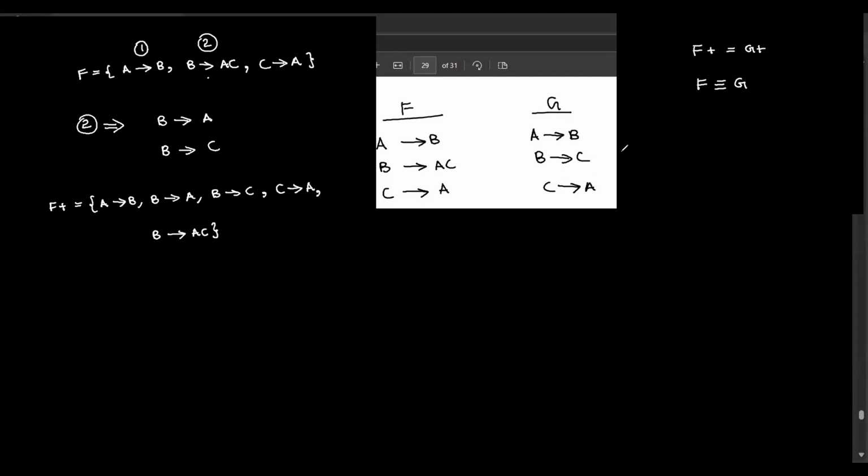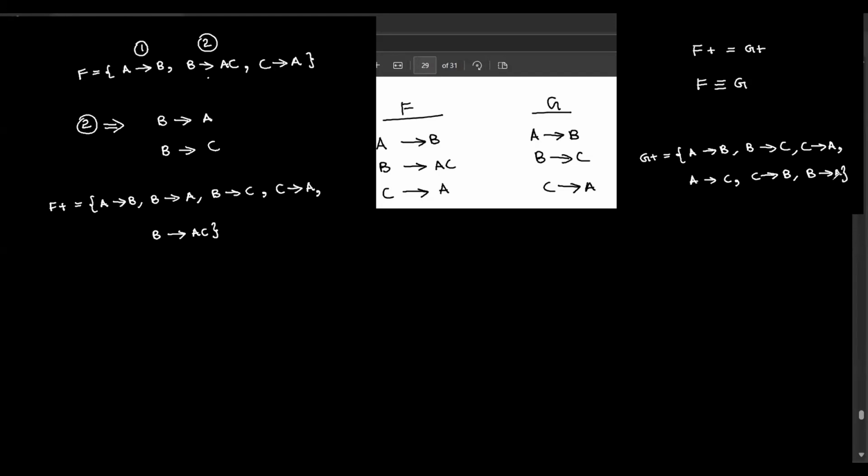We already found some of the important ones in G plus. In G plus, we found that A functionally determines B, B functionally determines C and C functionally determines A. These are given. And we also found out that A functionally determines C, C functionally determines B and B functionally determines A.